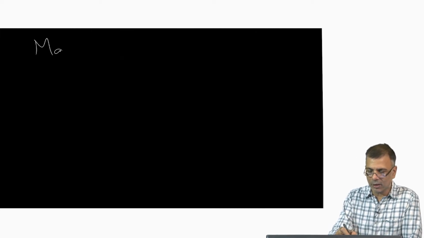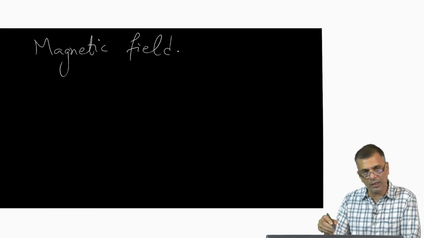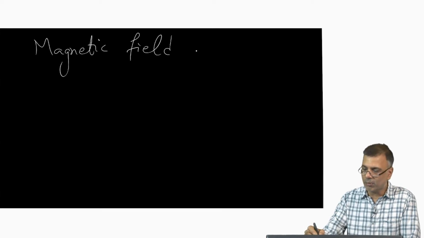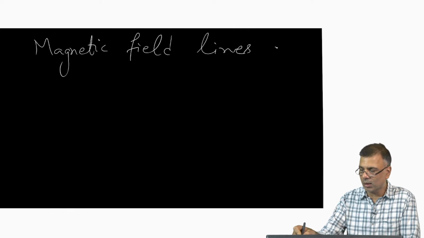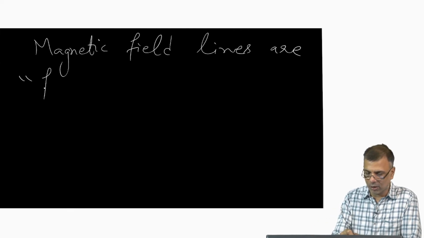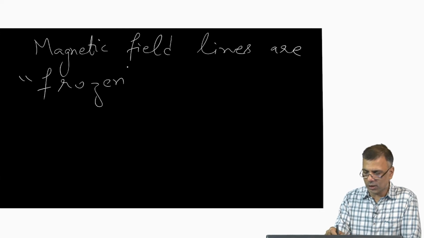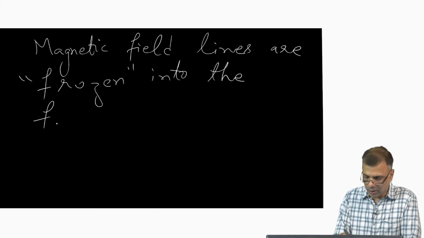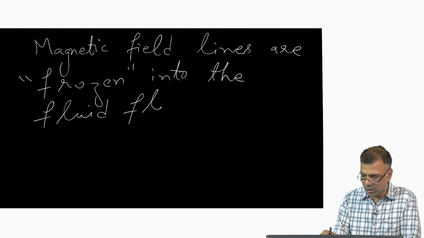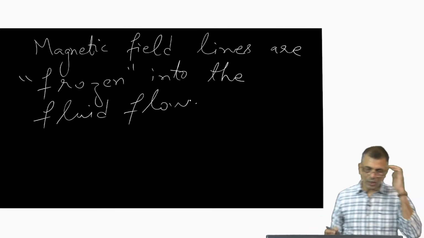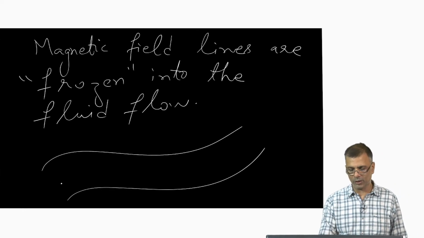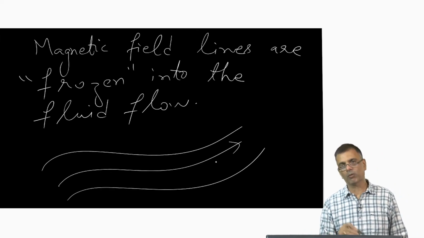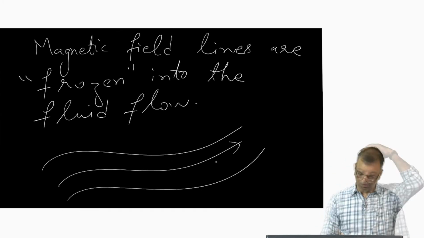What it means is that magnetic field lines in ideal MHD, as in if the ideal MHD conditions are satisfied, are frozen into the fluid flow, which essentially means that if you have a streamline of fluids like this, that would be the fluid streamline, the magnetic fields also would look like that.